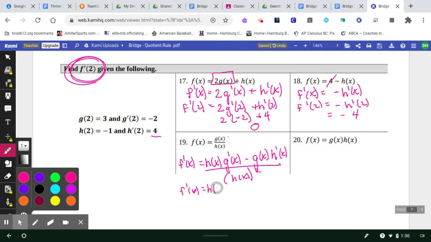So I've got h of 2 times g prime of 2 minus g of 2 times h prime of 2 all over h of 2 squared. All right, so h of 2, so I've got negative 1 times g prime of 2 times negative 2 plus 3 times 4. Hoping that looks right. All over h of 2 is negative 1 squared is 1.